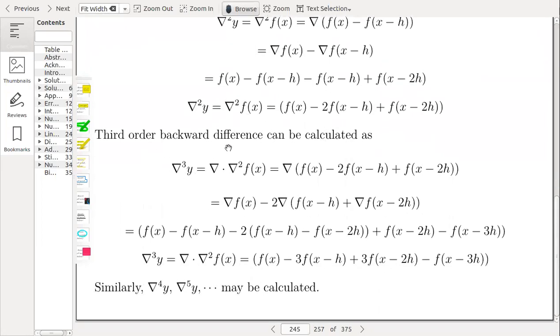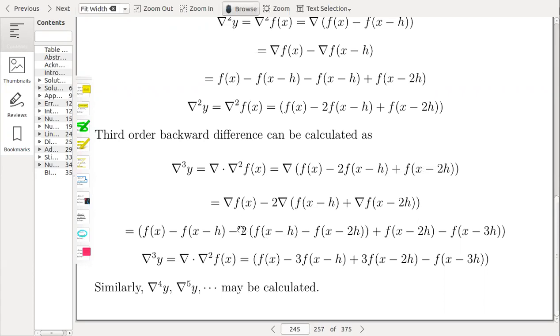Similarly, the third order backward difference can be calculated as nabla cube f of x is equal to nabla into nabla square f of x, which is nabla f of x minus 2 nabla f of x minus h plus nabla f of x minus 2h.